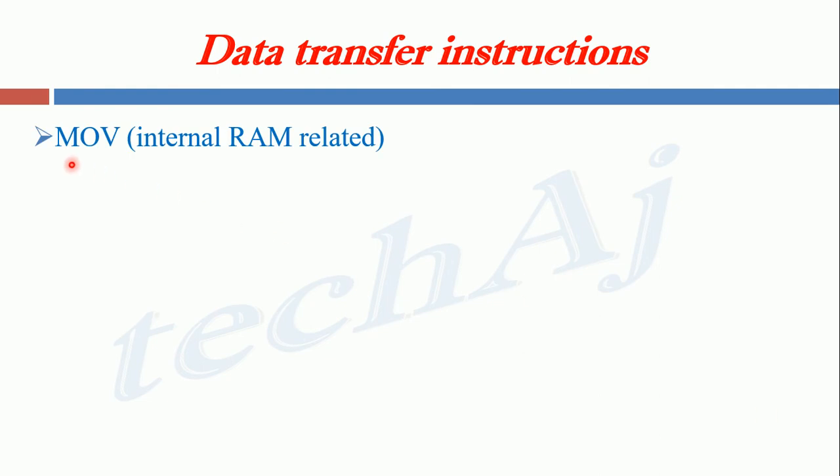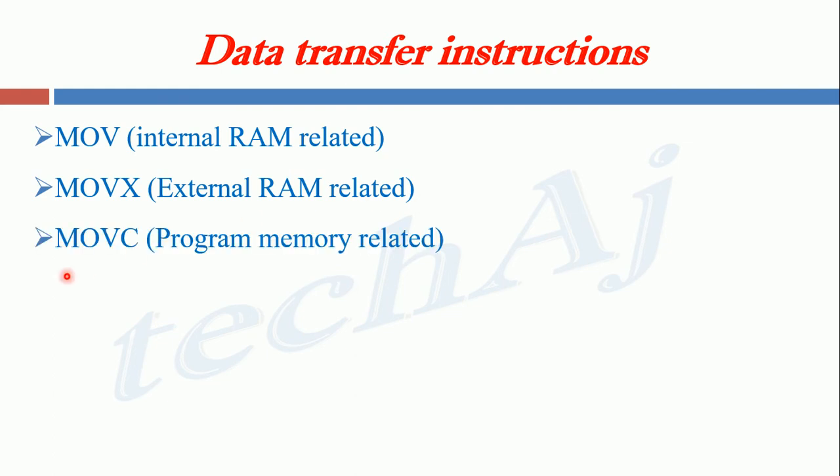First instruction is MOV. It performs the data transfer operations related to the internal RAM memory. Second instruction is MOVX. It performs the data transfer operations related to the external RAM. MOVC is related to the program memory.